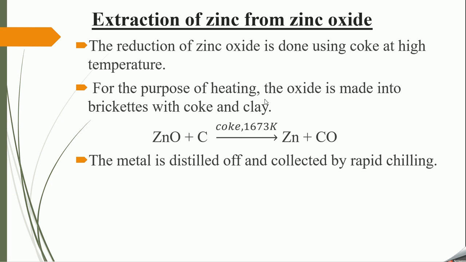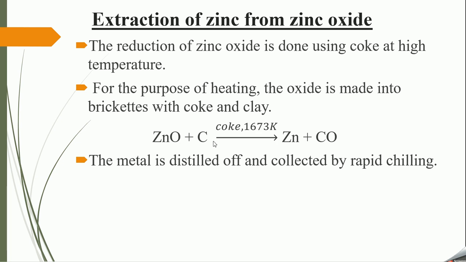For the purpose of heating, the oxide is made into briquettes with the coke and clay. Zinc oxide is made to react with the coke at 1673 Kelvin to form zinc metal and carbon monoxide. This metal is distilled off and collected by rapid chilling or rapid cooling. So this is about extraction of zinc from zinc oxide.